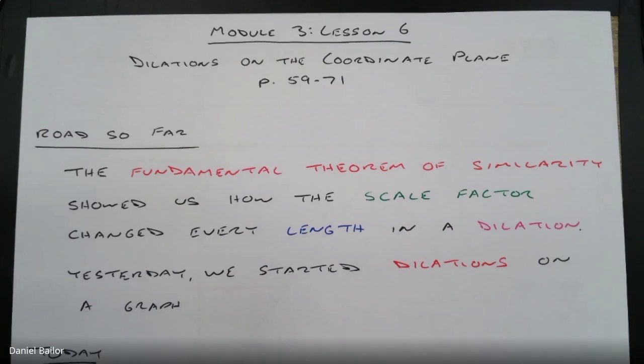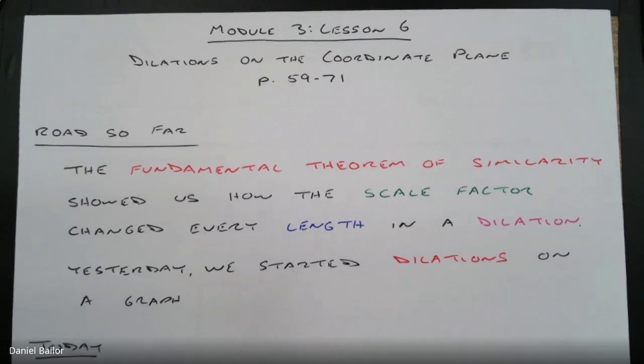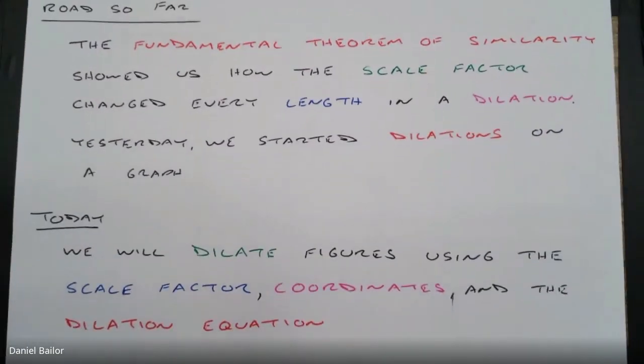Today we're going to graph figures and shapes. So it should be a little bit more fun today, because you can actually draw some shapes. Today, we will dilate figures, not just points, using the scale factor, using the coordinates, and using the dilation equation. So you're going to need to use all three of those.